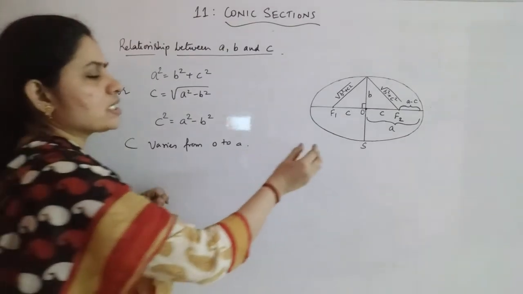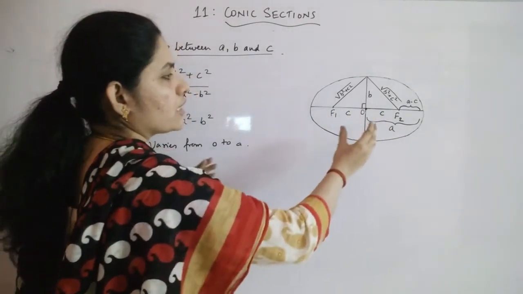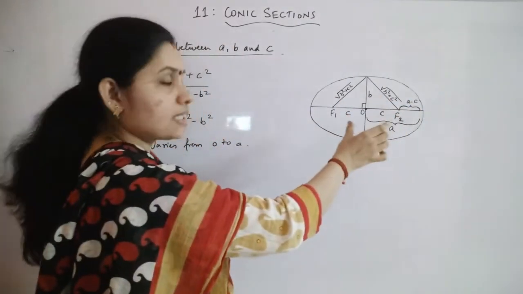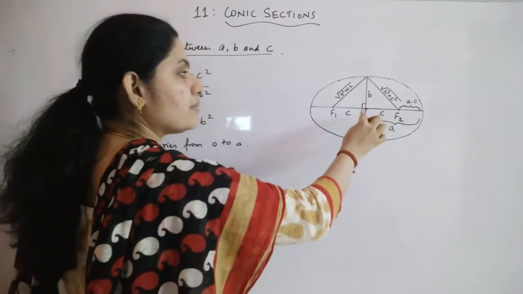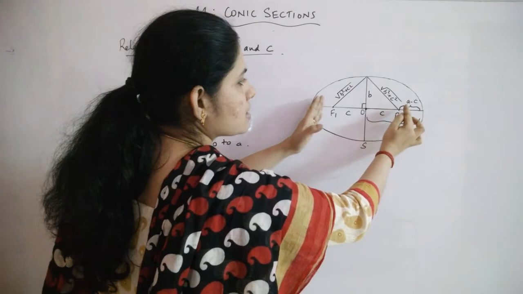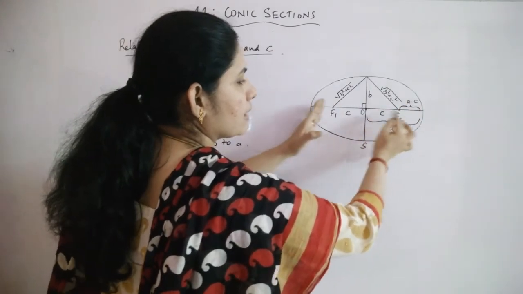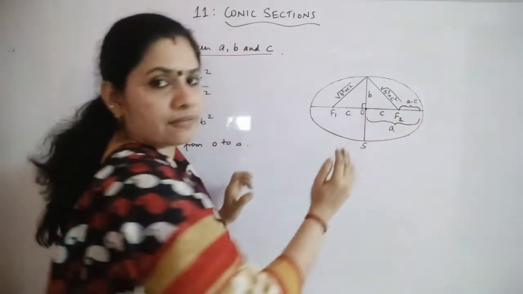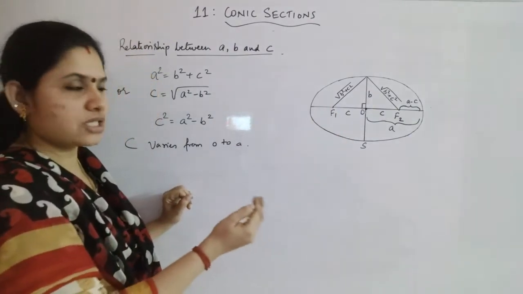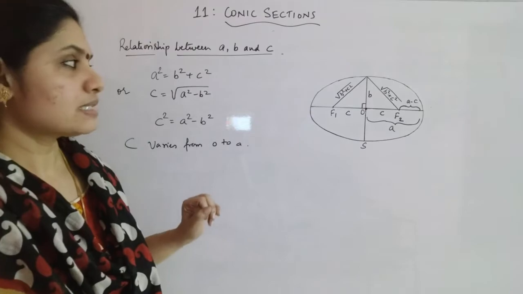Now as we change the value of C, A has been fixed, the distance A has been fixed, and we are just changing C from 0 to A. So from 0 to A it can vary, and if we are varying that, the elliptic shape will be varying its size and shape.